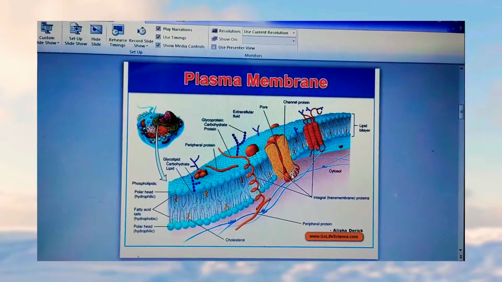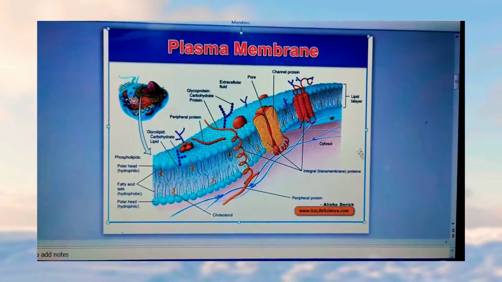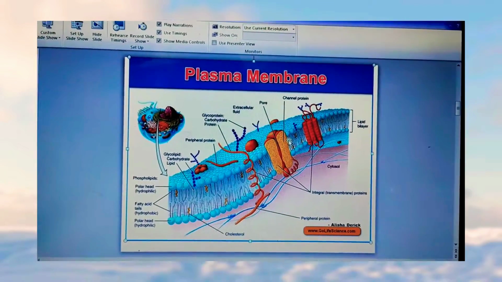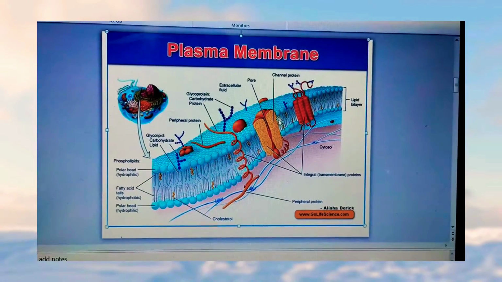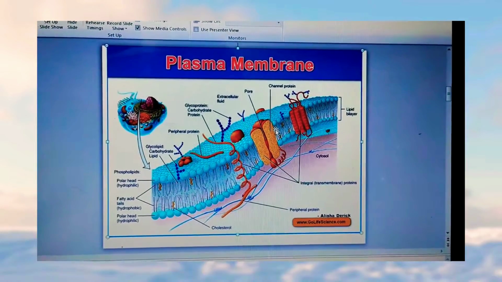So different nutrients all together are forming this fluid mosaic model. Plasma membrane is a type of membrane which is found in the cells of living organisms.